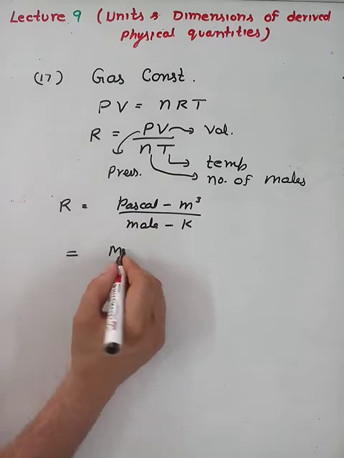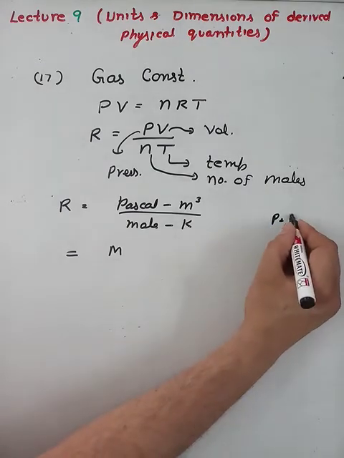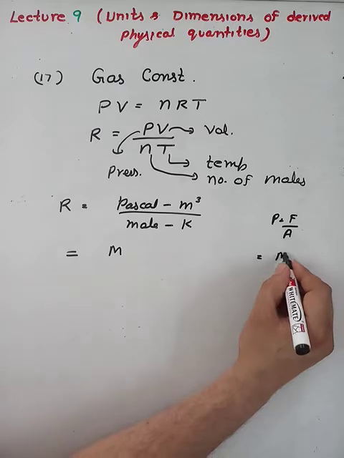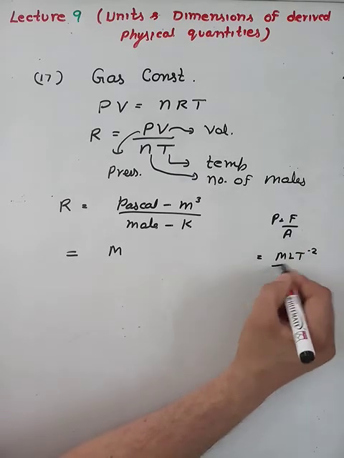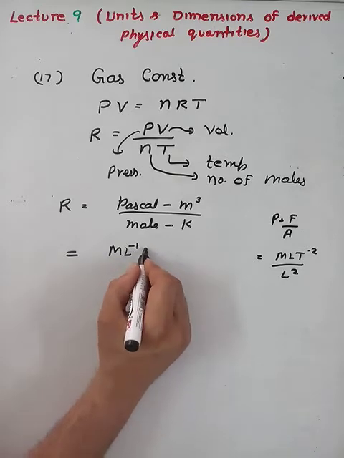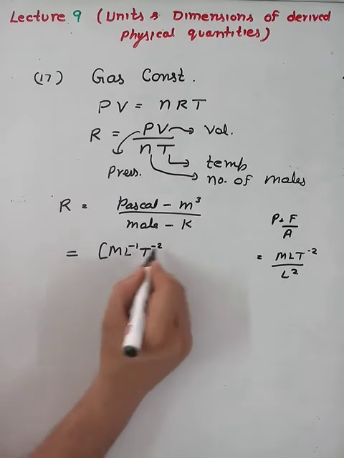You can find it out because pressure is force upon area. The dimension of force is MLT minus 2, upon area, which is L2. Therefore it is ML minus 1 T minus 2.